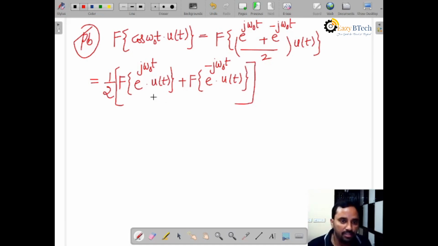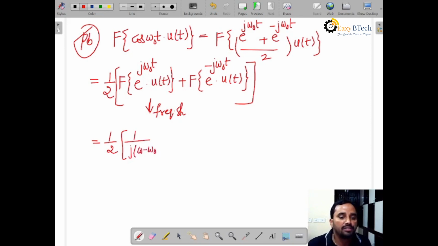So already we know this Fourier transform as per the frequency shifting property. So it is equal to 1 by 2 times: 1 by j into omega minus omega naught, plus pi del of omega minus omega naught.